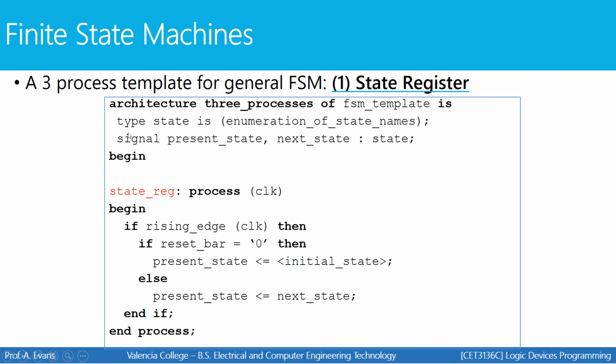After you set up your architecture with your state type, you're going to create your signals. You need a present state and a next state for every output that you have. And then you're going to have your state register process, which is going to respond to the clock and determine what should happen if your reset is activated. So you're going to set the present state to an initial state of your choosing. Otherwise, you're going to set the present state to the next state.